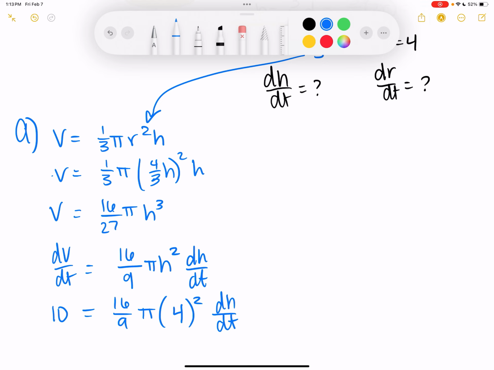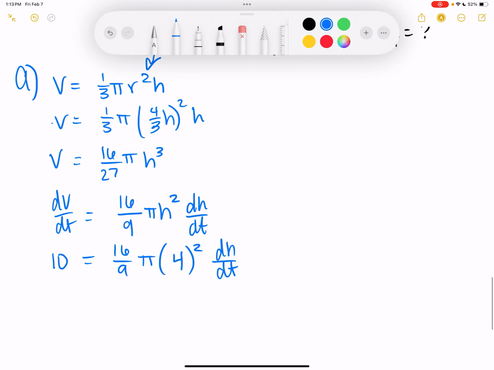So that's 16 times pi over 9. So we've got 10 equals 16 times pi over 9 dh dt.